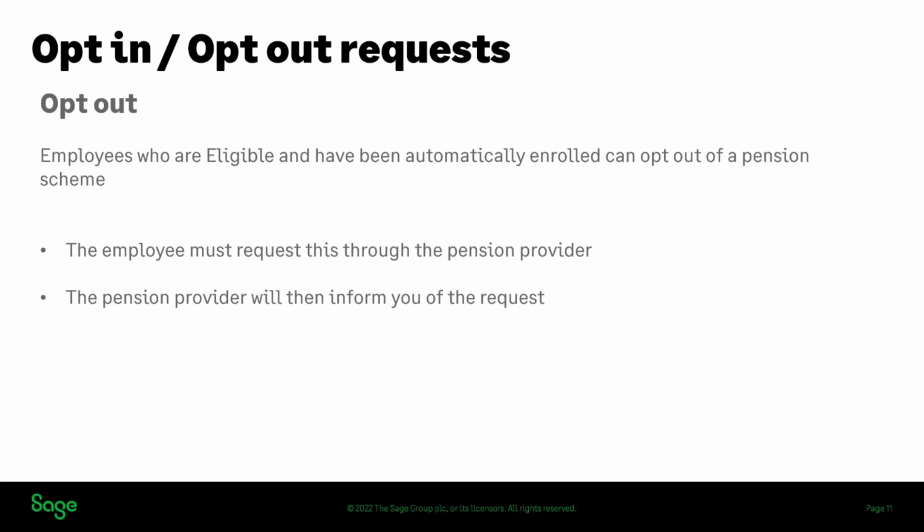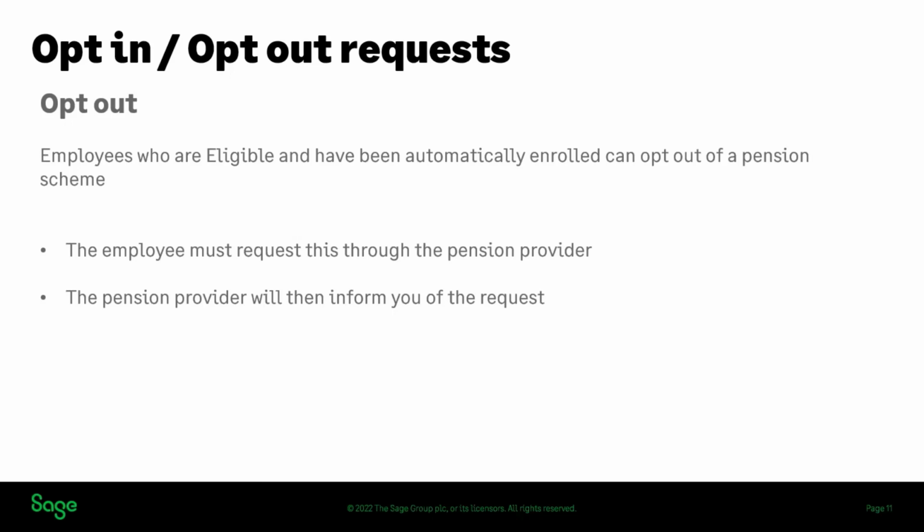Opt-out requests. Employees who are classed as eligible and have been automatically enrolled can opt out of a pension scheme. So they do have the option to opt out. The employee must request this through the pension provider. The pension provider then informs you that that employee has requested to opt out, in which case you can go ahead and process the opt-out request itself.